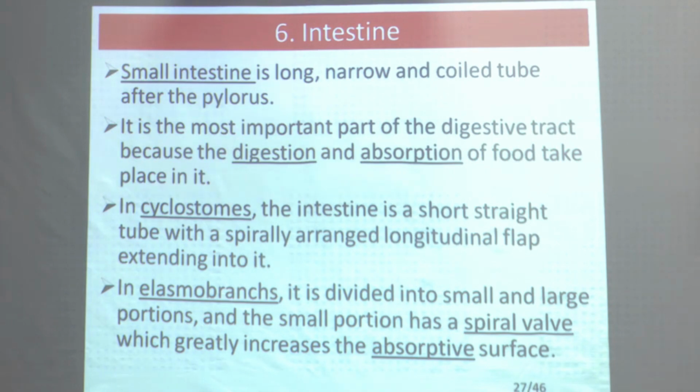The small intestine is a long, narrow and coiled tube after the pyloric stomach. It is the most important part of the digestive tract, because the digestion and absorption of the food material take place in this region.